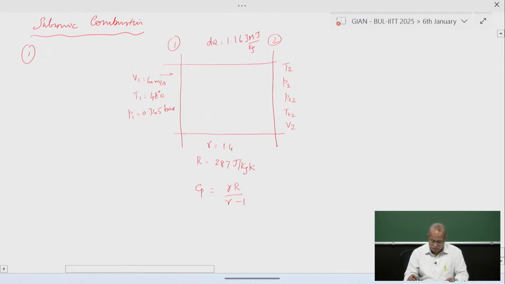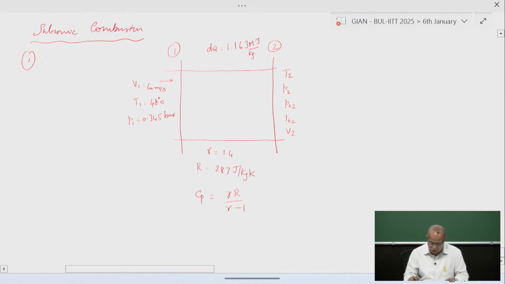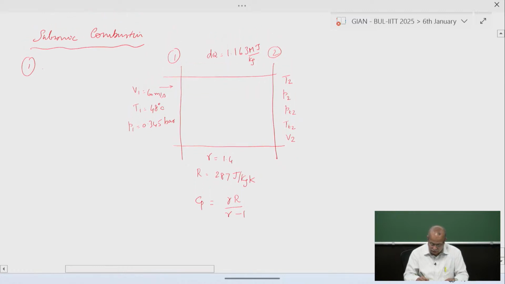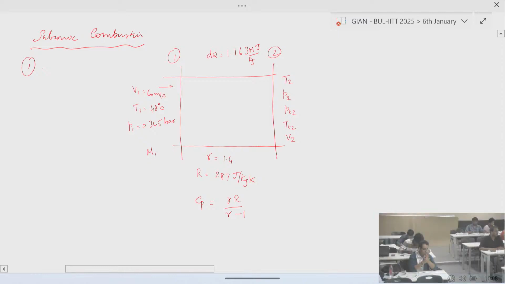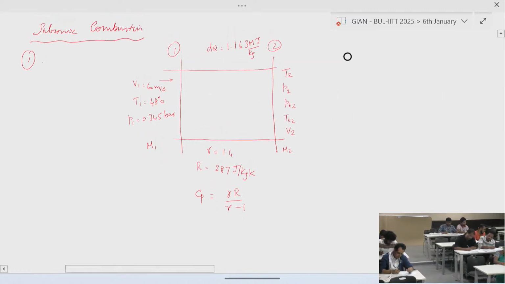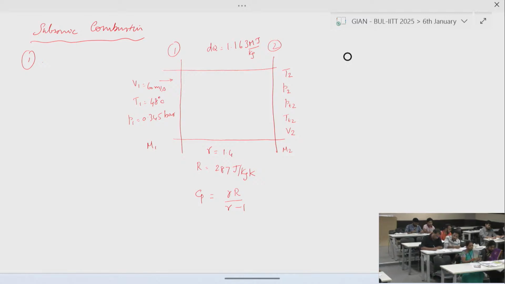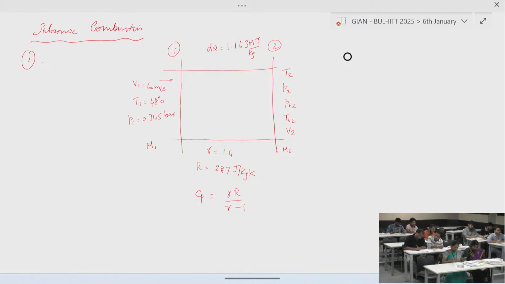Okay, so how will we proceed? It's important for us to know what will be the Mach number at inlet and what will be the Mach number at outlet. The information we have, can we find M1? Yes.